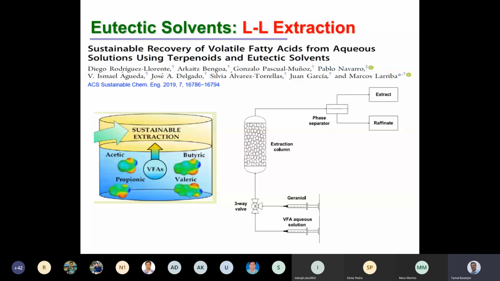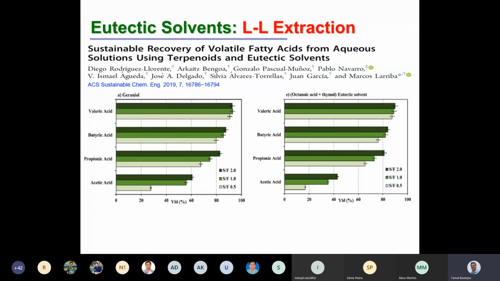Here he makes an extraction column filled with small glass beads, 2 milliliters, and then analyzes the two phases. But in this case, comparing just with terpene, liquid terpene, and the eutectic or hydrophobic solvents have very similar results.